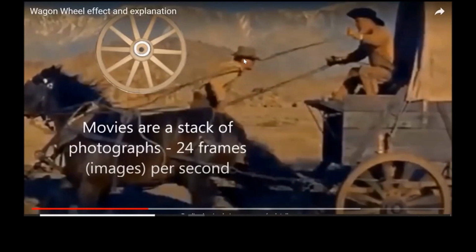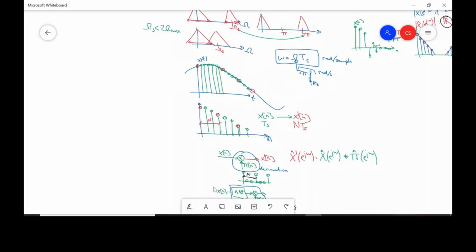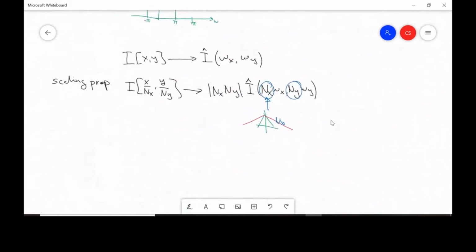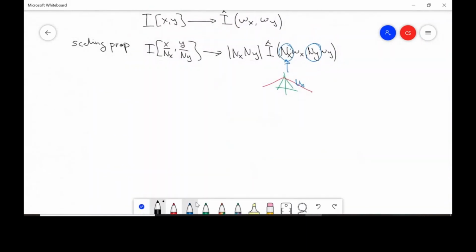So let's say that we have the wheel that is moving at a given speed.